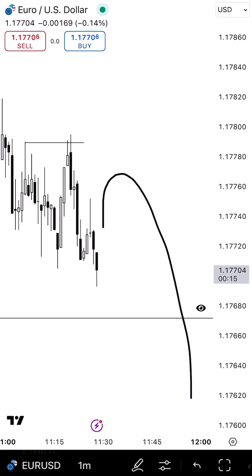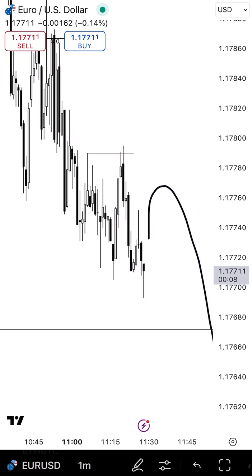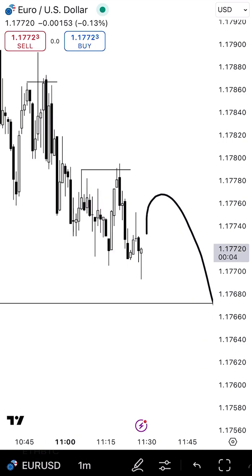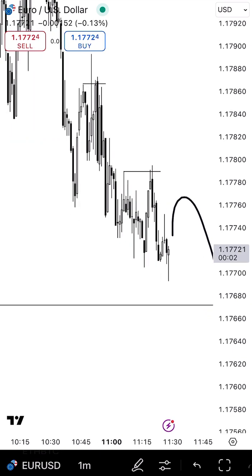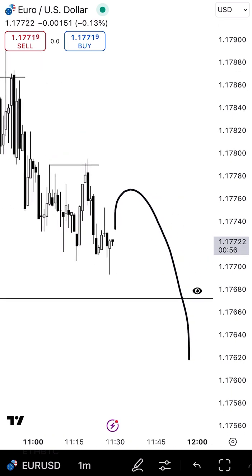Now, I don't want to keep talking in case I say too much, but just a beautiful, there's always a kiss of death turtle soup before dumping into the target. It's never not there.